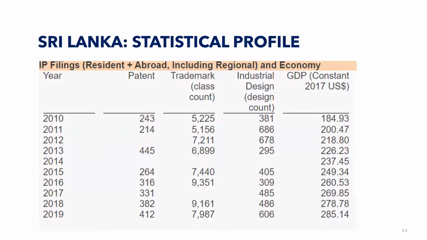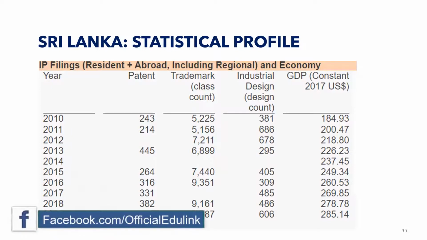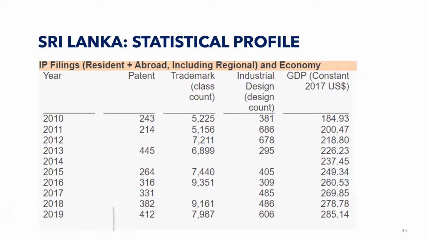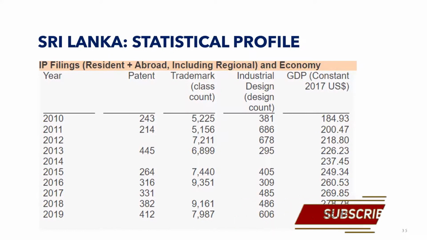In 2010, only 143 applications. It's almost double by now. By 2019, it's still very small, 412, right? Trademarks, 5,000, and in 2019, 7,000, right? So you can see it's a very slow progression for a 9-year period. You'll understand why I call it slow when we move on to the next slide.